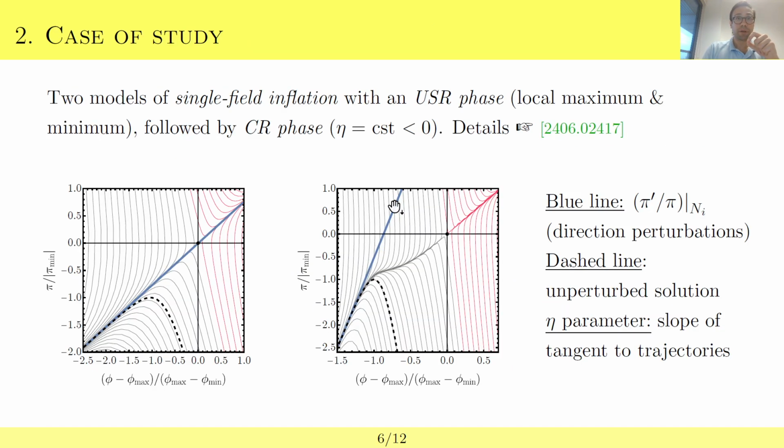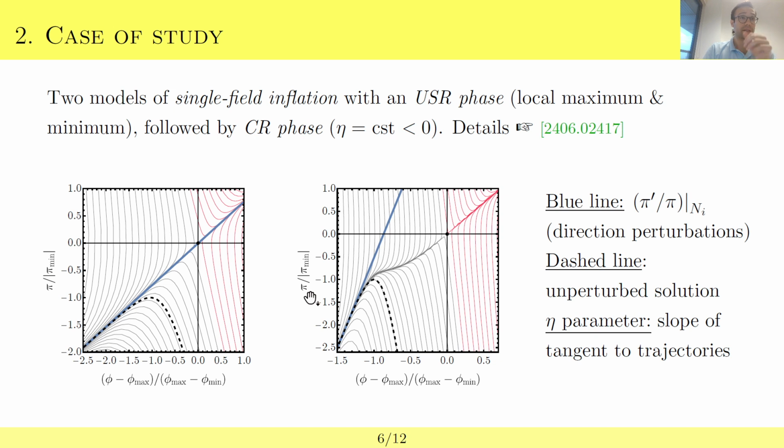The field is perturbed along this line, and then we let it evolve along the corresponding trajectory. And this perturbation here and the subsequent rolling around here will induce a difference in the total number of e-folds until the end of inflation, which is precisely the delta N we are looking for. And the nonlinear relation between how much we perturb the field here and how much it takes to get back to its trajectory is the nonlinear relation between inflaton and curvature perturbations that we are looking for.